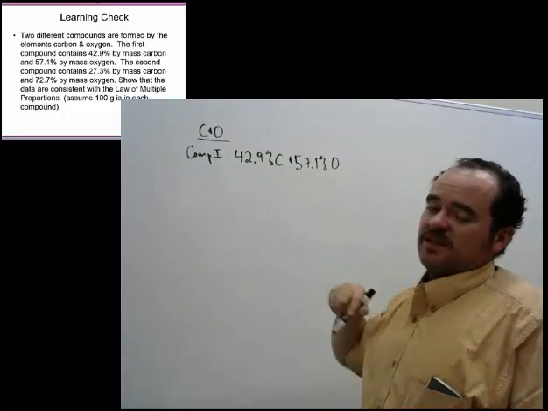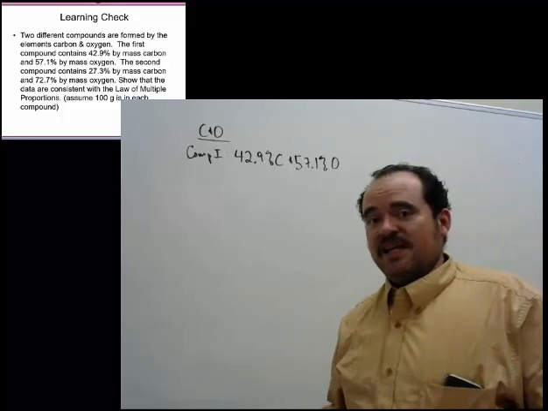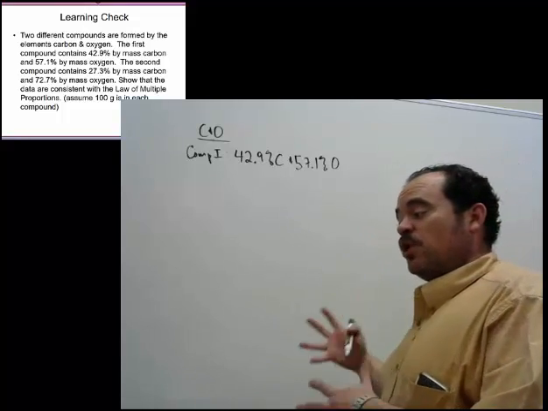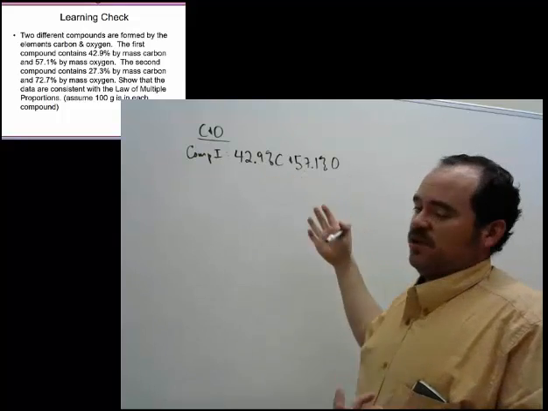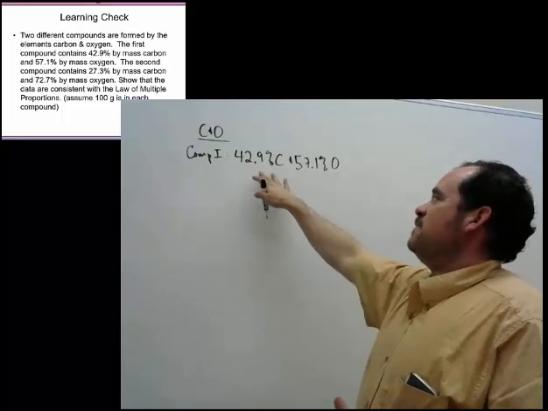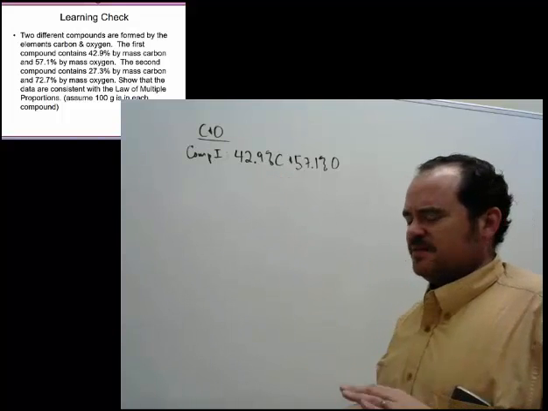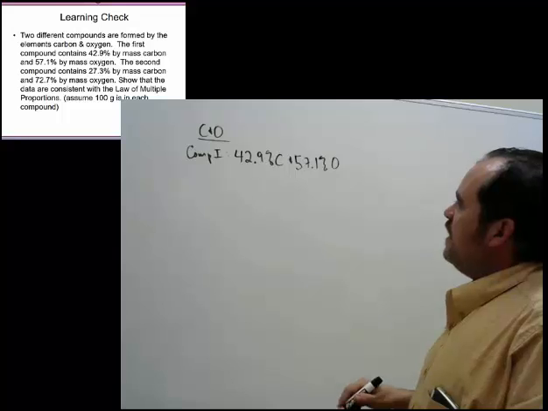Now, if you add these two up, the total percent will be equal to 100%. That is kind of illustrating the law of definite proportions. This is not experimental data, though. But the total should be equal to 100, and that's what the total is here. But we'll get there.